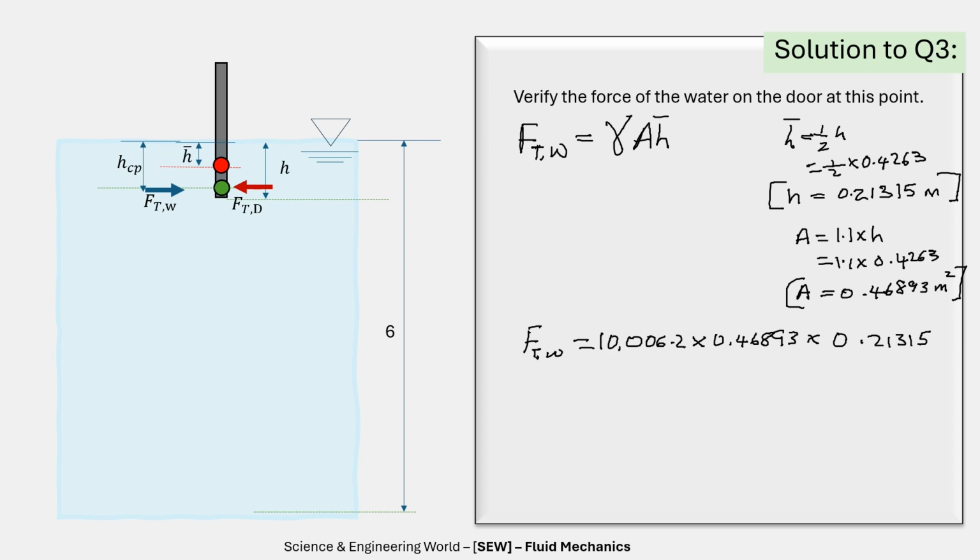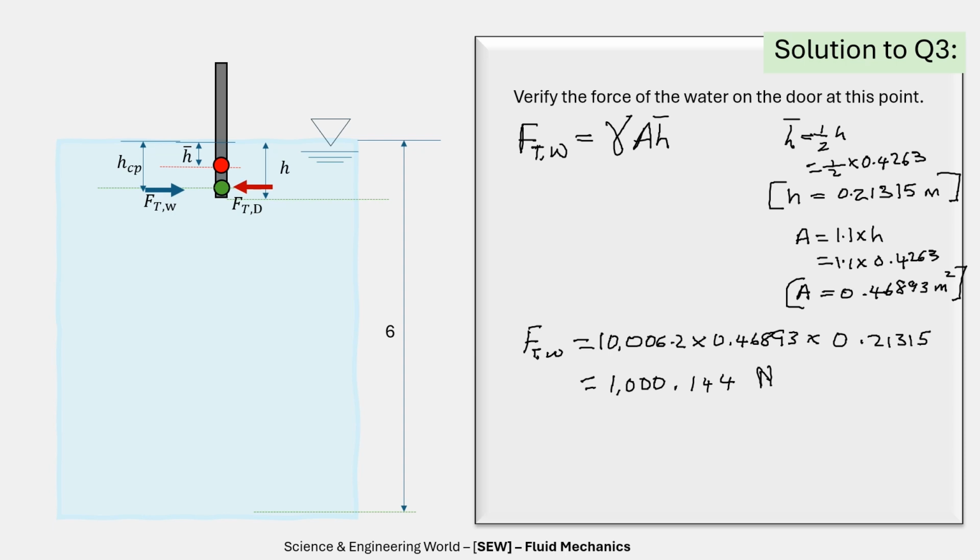This gives us 1000.144, and the unit is Newton, like we have seen before.